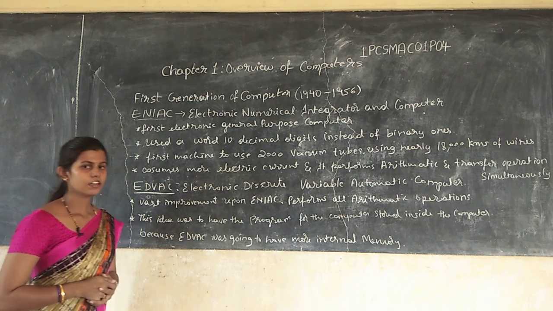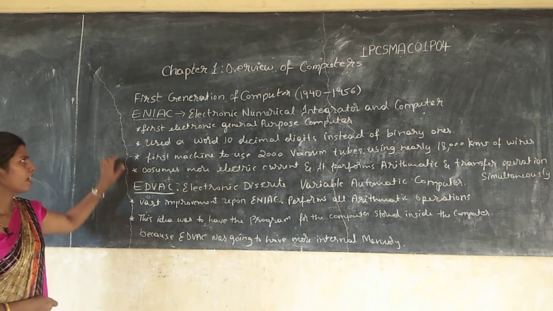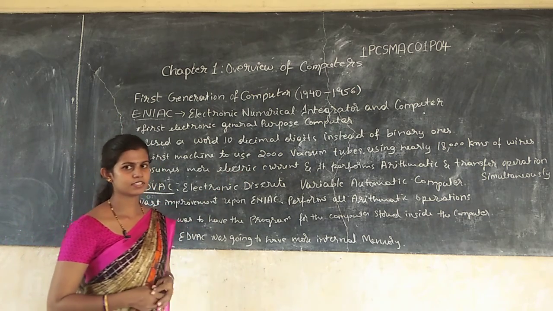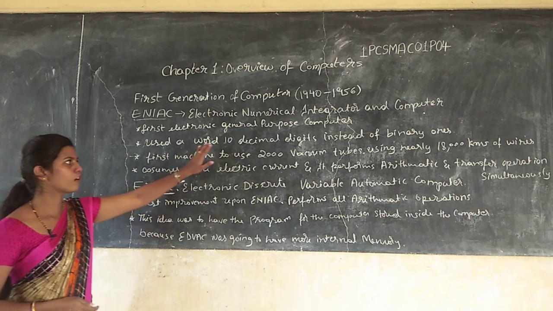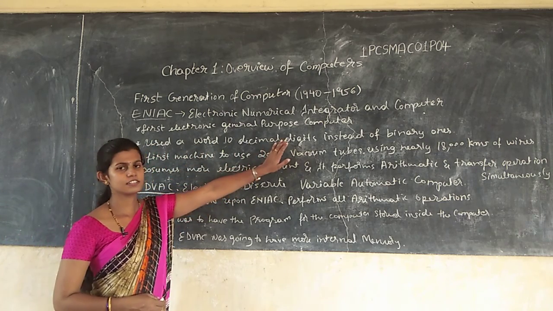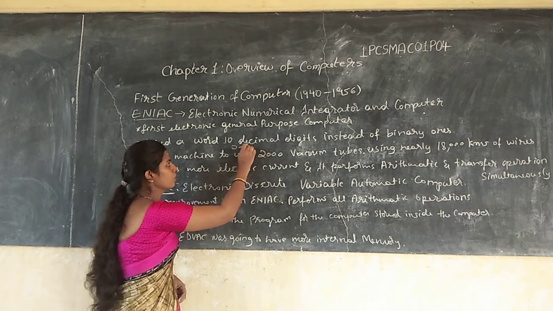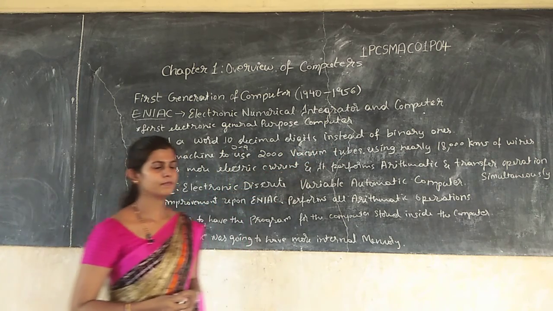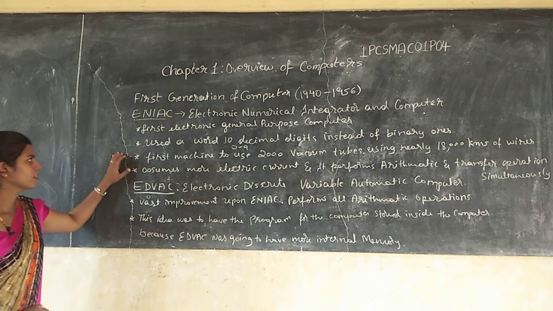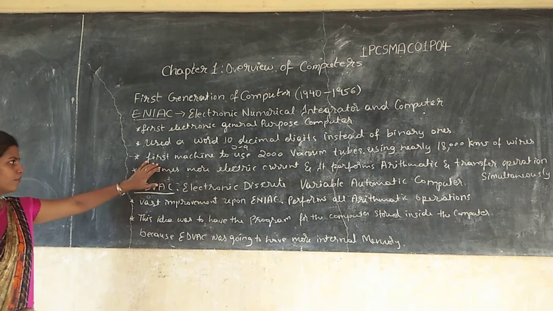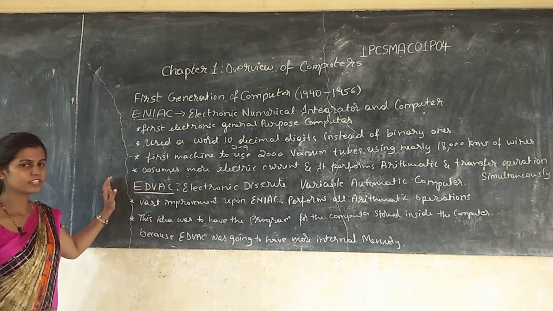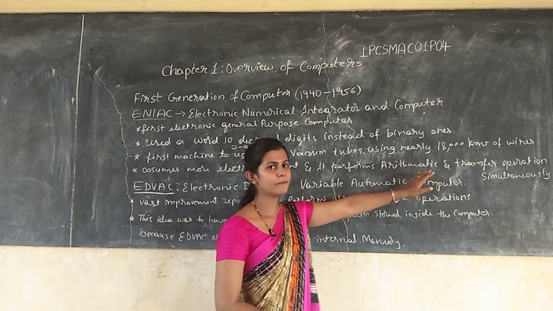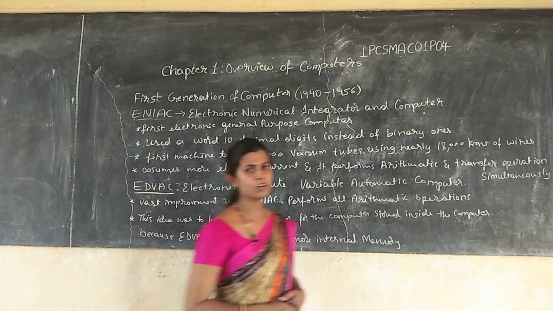ENIAC is the first electronic general purpose computer, and it used a word of 10 decimal digits instead of binary ones. 10 decimal digits, that is 0 to 9, instead of binary. Binary means 0 and 1. ENIAC was the first machine to use 2000 vacuum tubes using nearly 18,000 kilometers of wires.